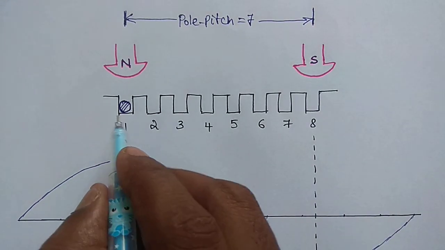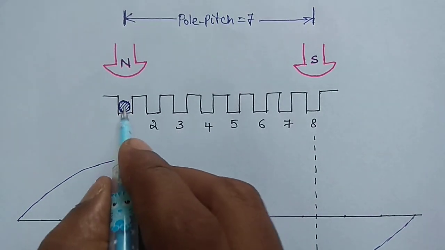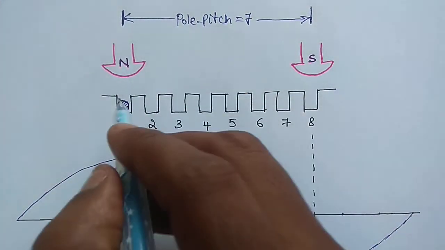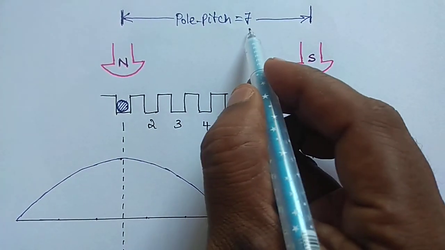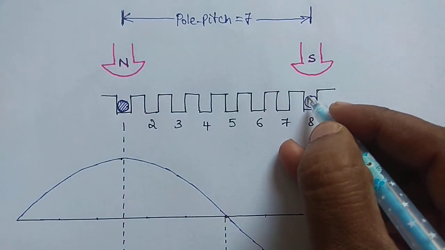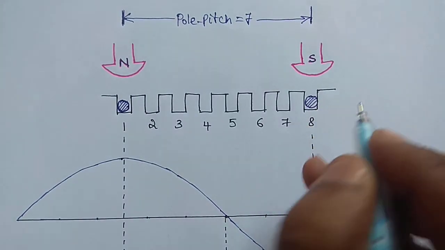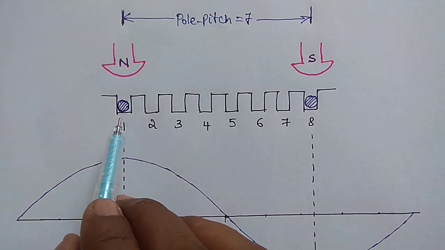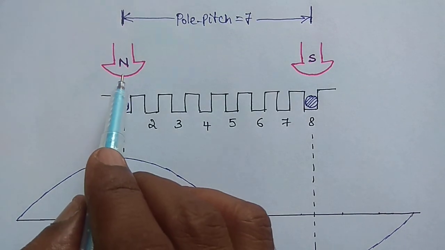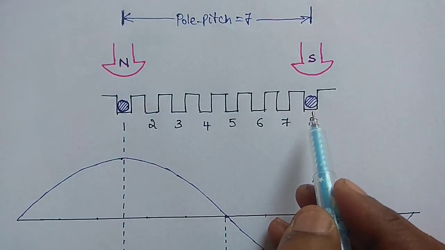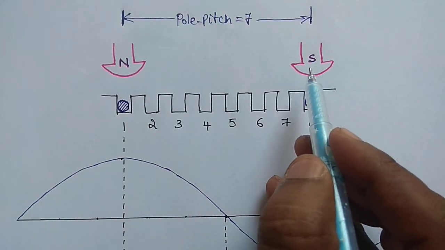Where is the next coil side of this one? Here, 1 plus 7, a pole pitch apart. So that's why it comes in the 8th slot. The conductor in slot number 1 is under the influence of the north pole. The conductor in the 8th slot is under the influence of the south pole.